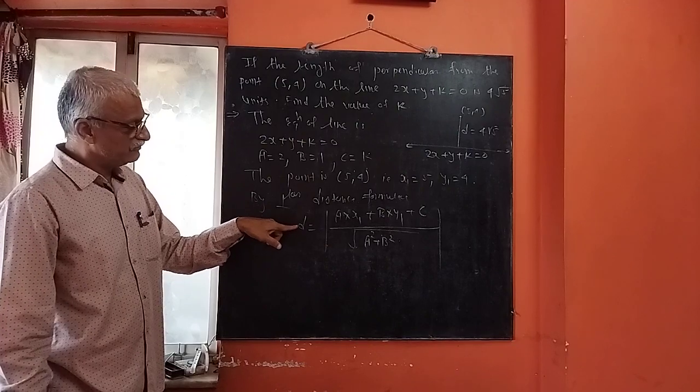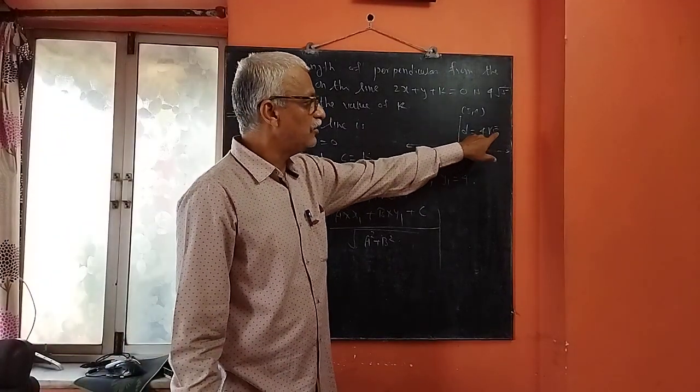The value of d is given. What is d? d is 4 root 5.